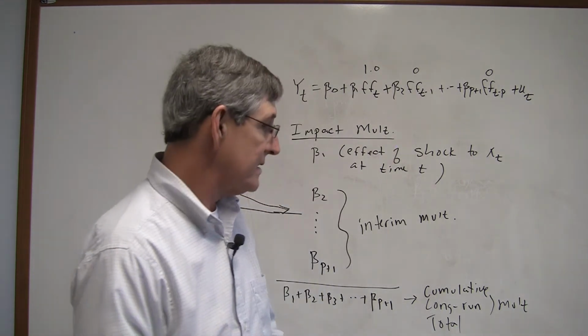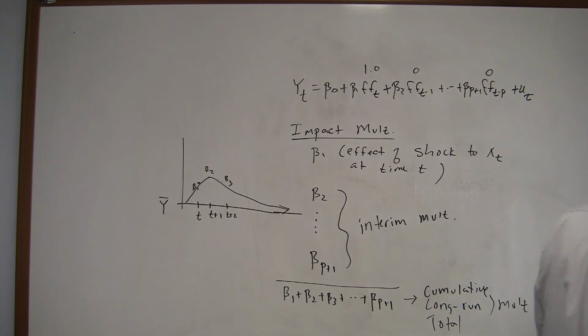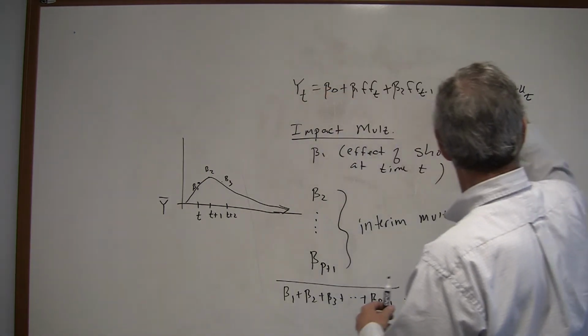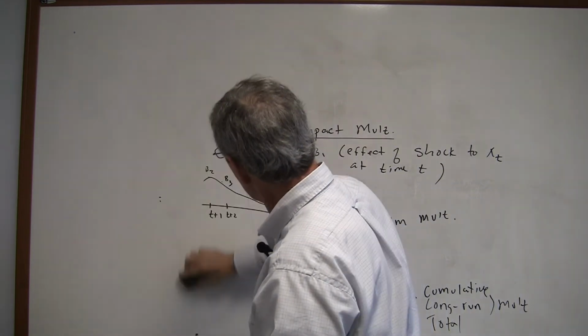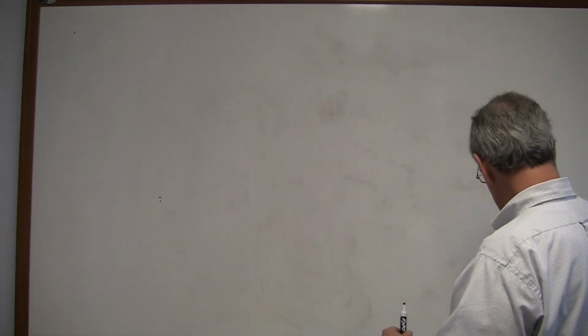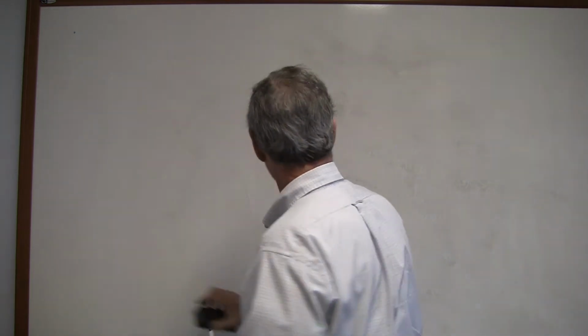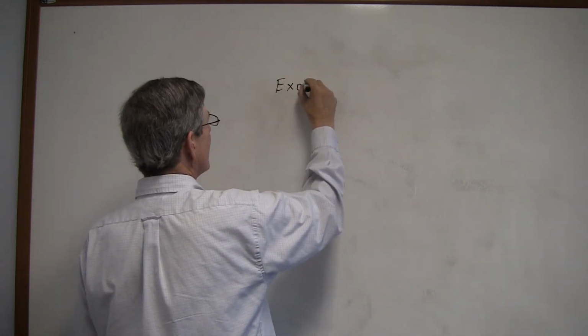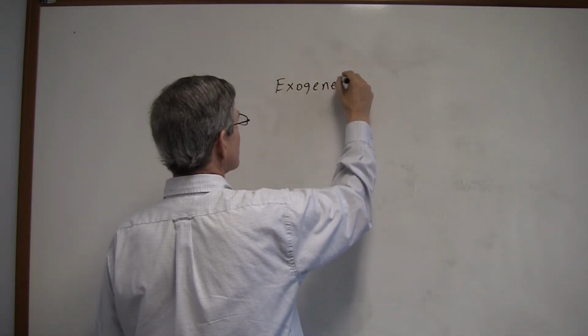OK, now let's turn to what determines which estimation technique we'll use for this model. And that is these two different types of exogeneity. So the first type is really what we've already looked at. It's what makes OLS work.